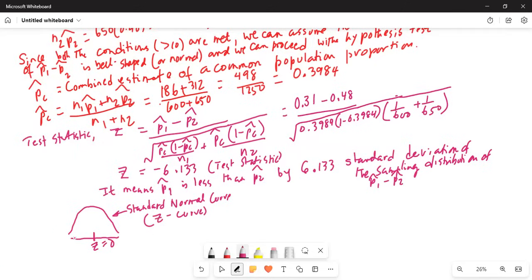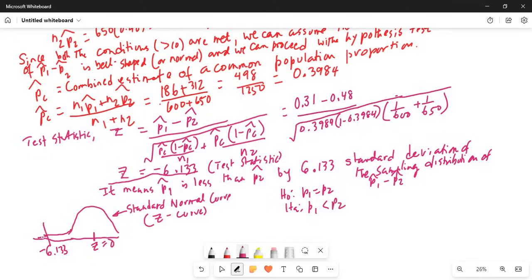So where is this minus 6.133? It's way in the left tail, very, very far away from the center, somewhere over here. Remember, Z is my test statistic. So the p-value: remember our null hypothesis is H0: p1 equals p2, and the alternate is p1 less than p2.